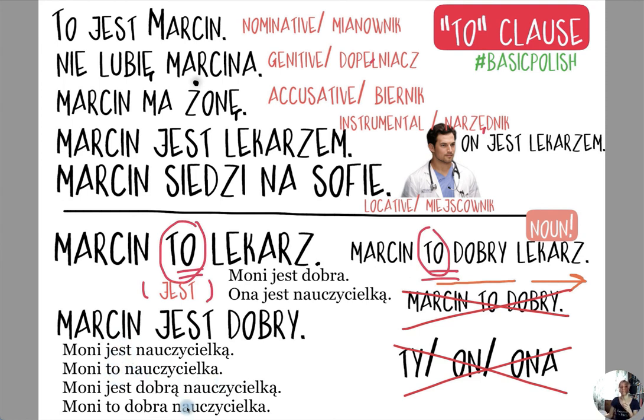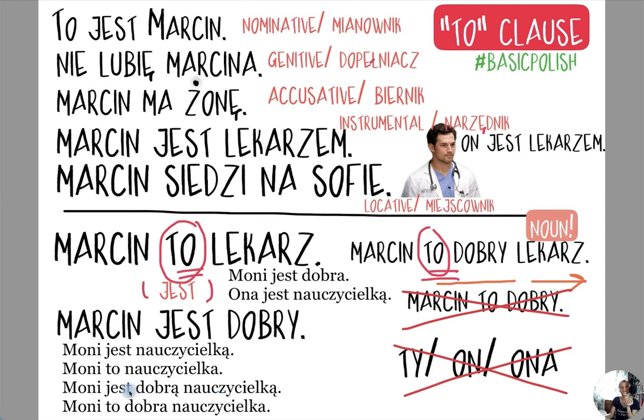Right? Now, I can throw an adjective here. Moni jest dobrą nauczycielką. Moni is a good teacher. I wanted to say Moni is a kind teacher, but let it be. Moni jest dobrą nauczycielką. So because of jest, I'm using the adjective and the noun in the instrumental case.